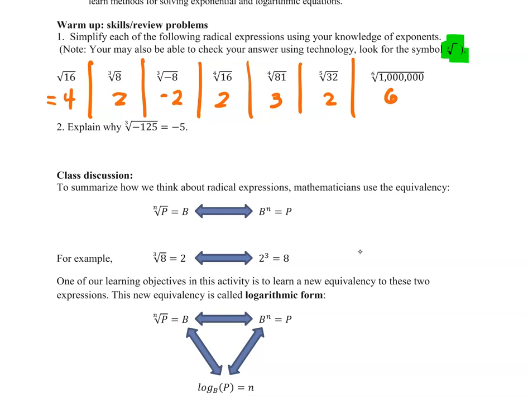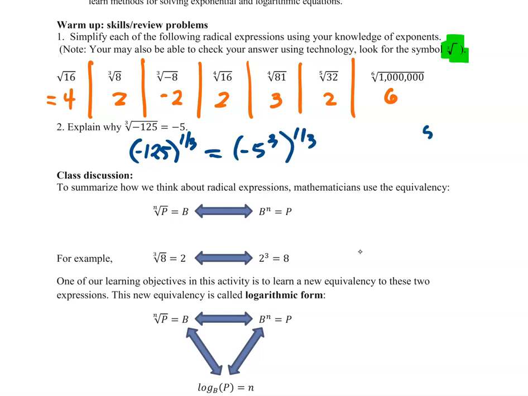Then number 2, explain why the cube root of negative 125 is equal to negative 5. Because the cube root of negative 125, we can rewrite this as negative 125 raised to 1/3. And negative 125 is the same thing as negative 5 cubed, raised to 1/3.